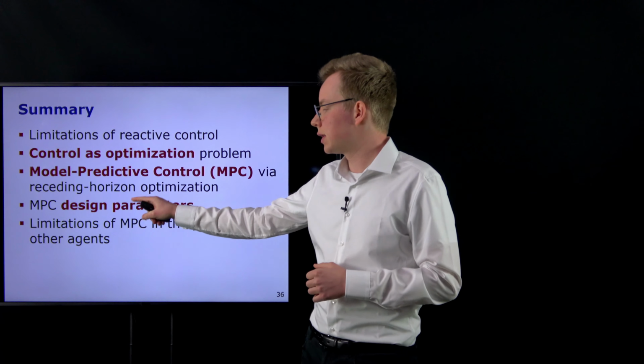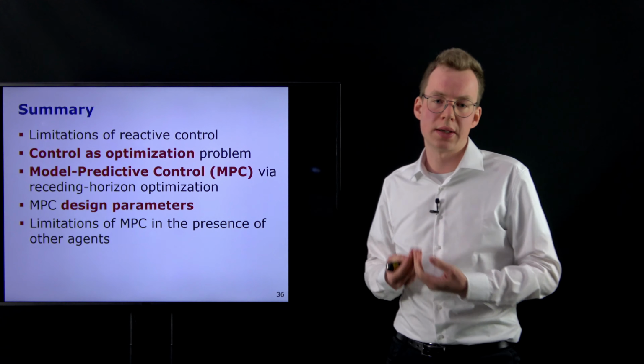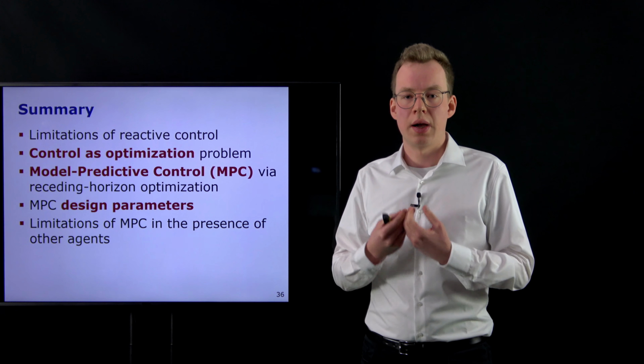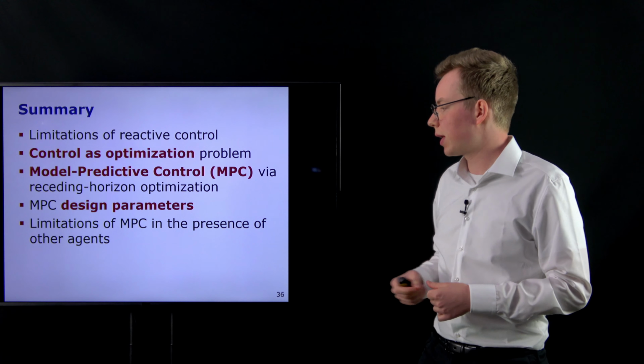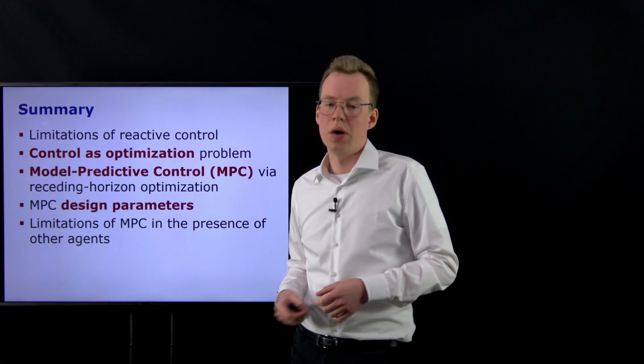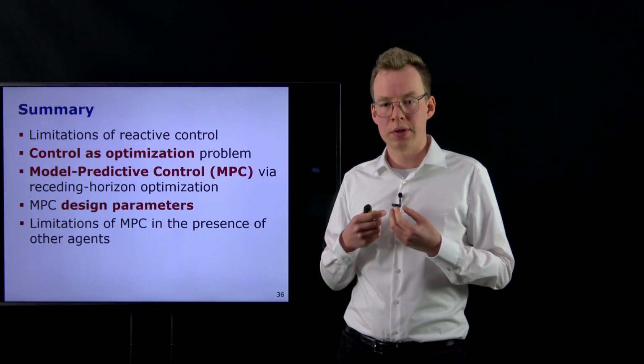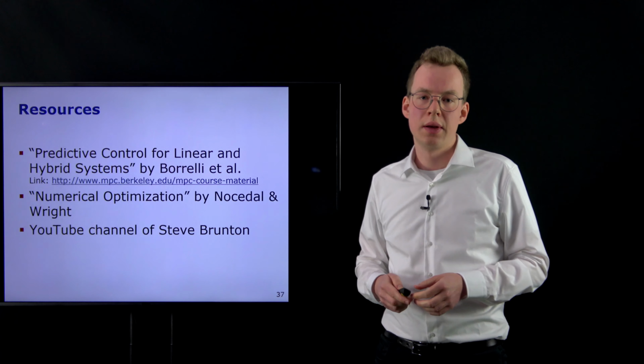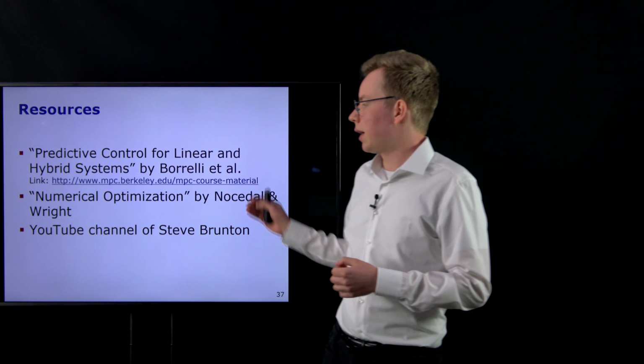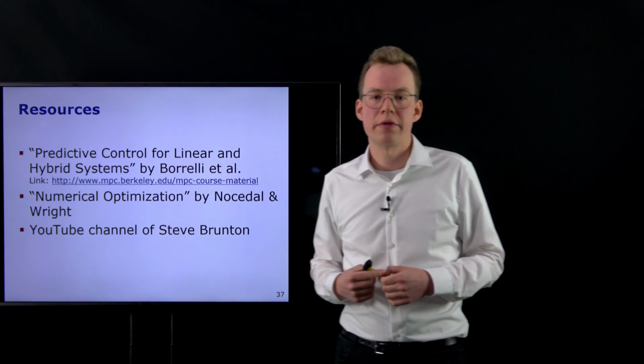Then we discussed different design parameters in order to make a model predictive controller performant for a given system in practice. And finally, we also reviewed some of the limitations of MPC in the presence of other agents and potential extensions to games.